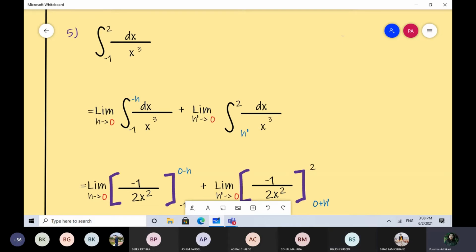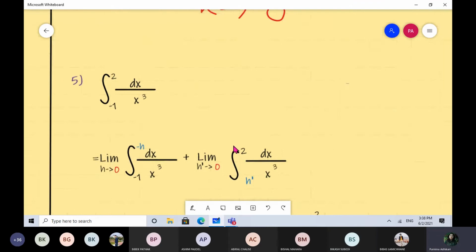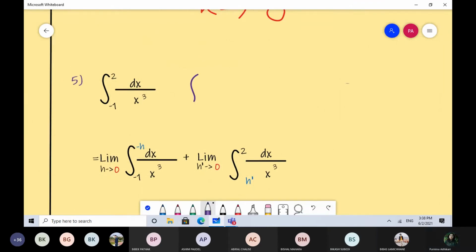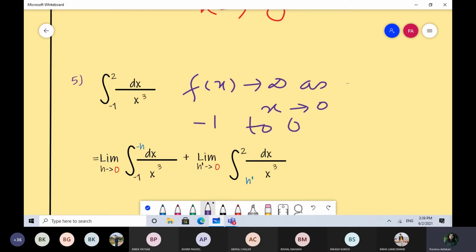You see, you know that you have a discontinuity. Let me write it down. f of x tends to infinity as x tends to what value? In your case, 0, a discontinuity. So what are we going to do? We are going to break it from -1 to 0 minus h, and 0 plus h dash till, what is it? 2.